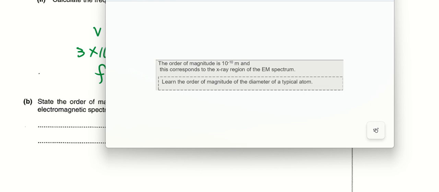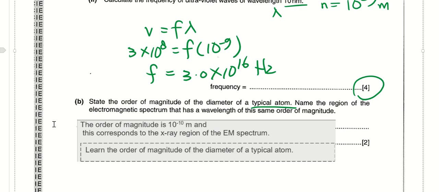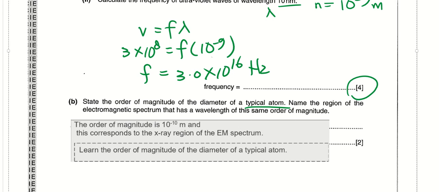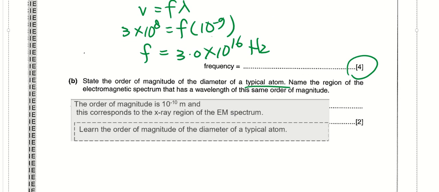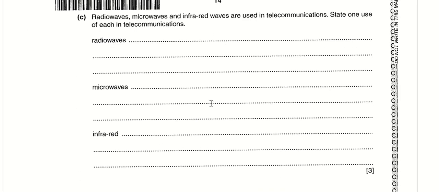So, maybe just before your exam, for your O-level, you should memorize the size of the typical atom. Okay, it's about 10 to the power minus 10, so this corresponds to the X-ray region of the EM spectrum. For me, I wouldn't get these 2 marks because I wouldn't have memorized the size of a typical atom. Okay, but that was in 2014, alright?